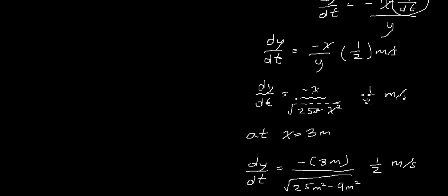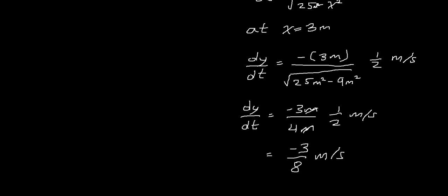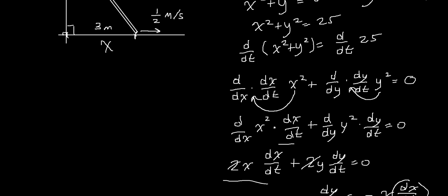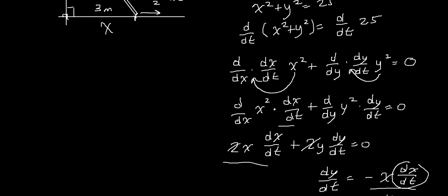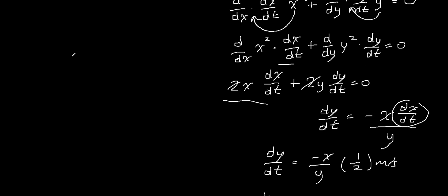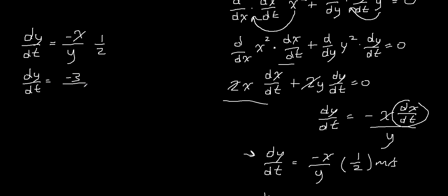Okay. Now, if that's a little confusing for you with the units, you can actually do it without the units, as long as you know what units you started with and what units you're ending with. So let's go back to where I was before. dy over dt equals negative x over y times a half, and we're leaving the units out for this example. dy over dt equals negative 3 over, and we calculated y to be 4, times 1 half, and this is going to be negative 3 over 8.